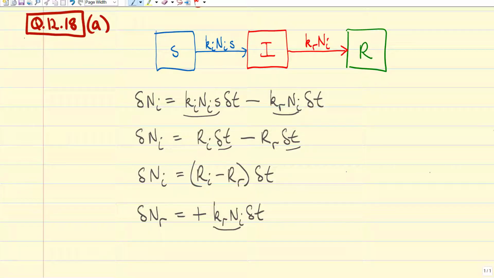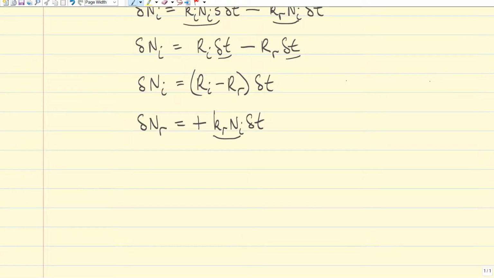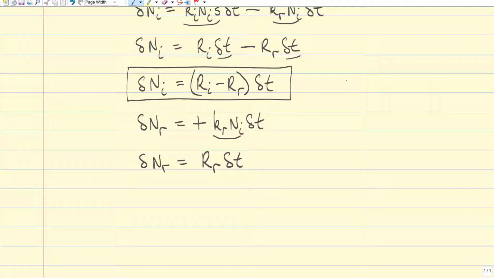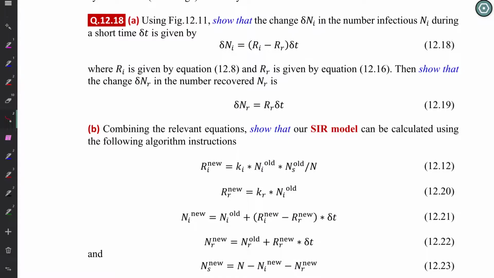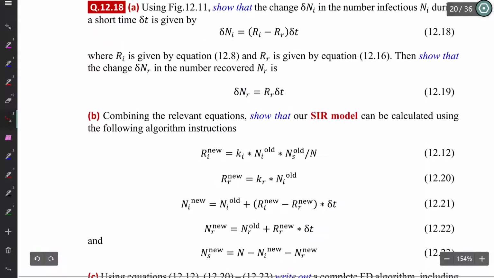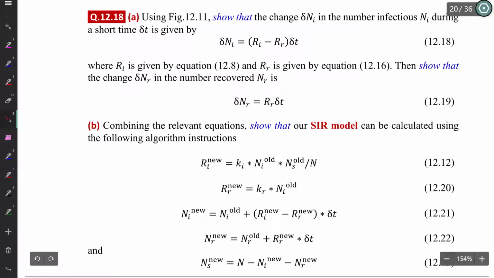It was capital RR, so we can write delta NR equals RR delta t. So the two equations that we just showed, that was the one we did before, and this is the one we just did now, and that's the answer to, let's have a look back here. Yes, here we go. So that was the answer to this question and the second part of the question.